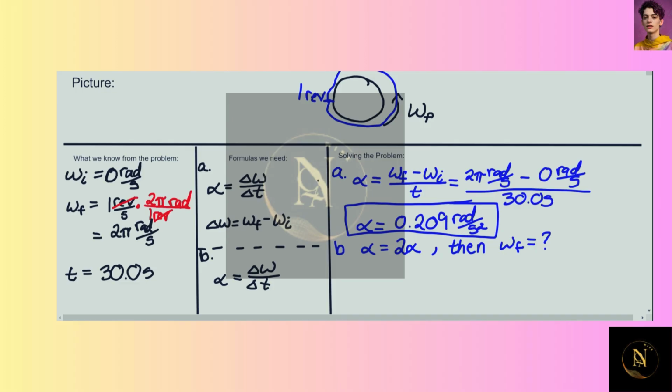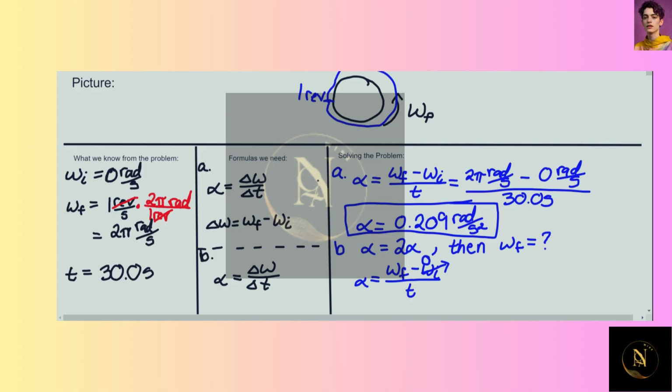So what I'm going to do is first start over here with the formulas I need. We're going to start with the angular acceleration formula, which is change in omega over change in time. I'm going to write that down, and skip ahead because we know that equals omega final minus omega initial all over t. And we know that omega initial is still going to be 0.